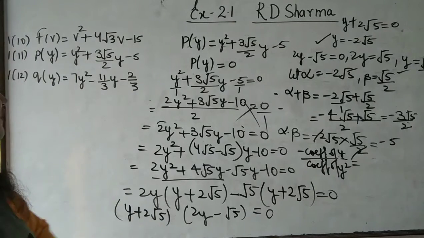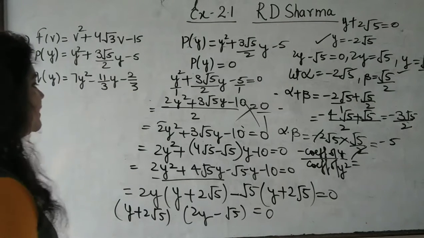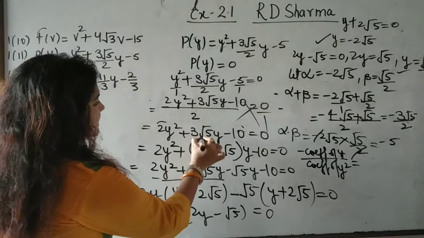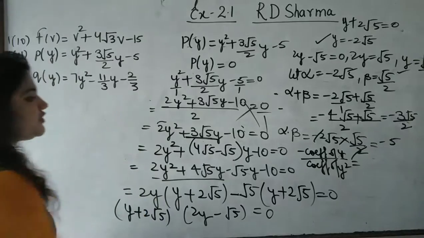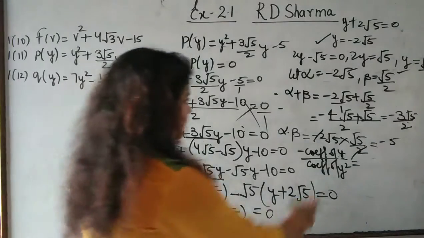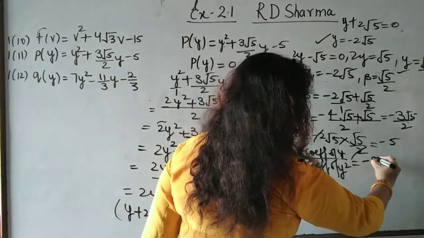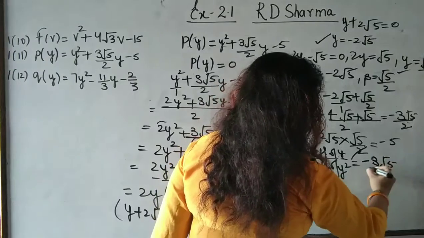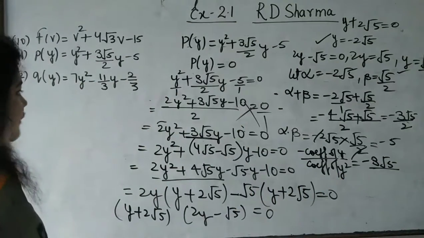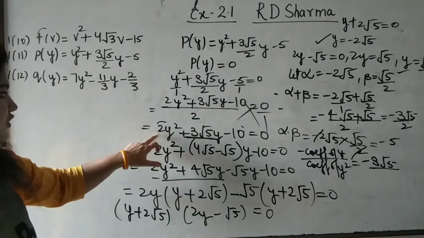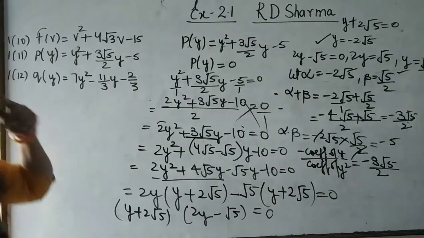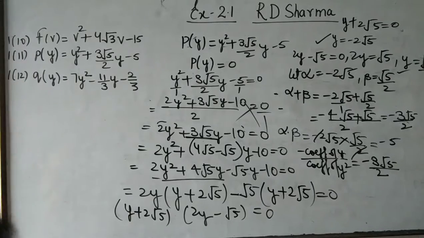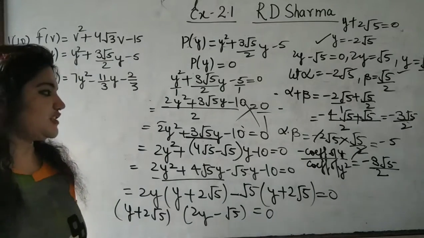See, this is our coefficient of y, 3 root 5, and minus is there, minus 3 root 5, upon coefficient of y square. What is the coefficient of y square? This is 2. So, minus 3 root 5 by 2.